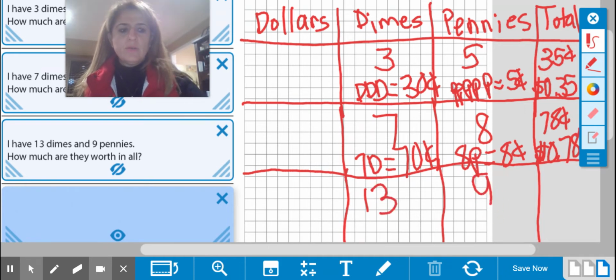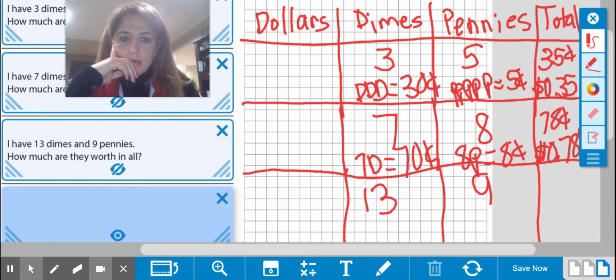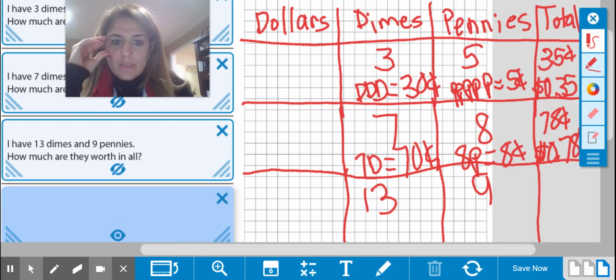So what do we do here? Because we know 7 dimes is 70, 8 dimes is 80, 9 dimes is 90 cents. So what happens with 10 dimes? What happens with 10 dimes? So 10 dimes is $1.